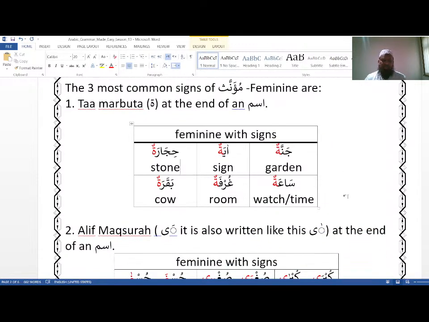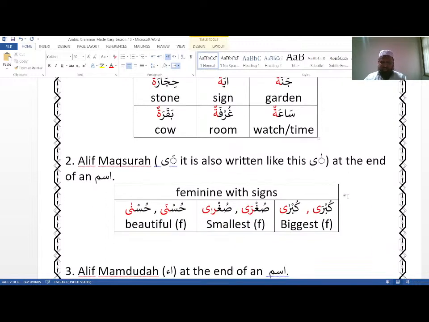Alif maksura at the end of an ism. I've written it both ways. Kubra, fatha on the last letter, then the ya is also alif maksura. We have to stretch when we pronounce kubra.